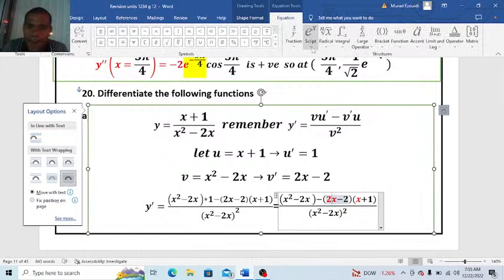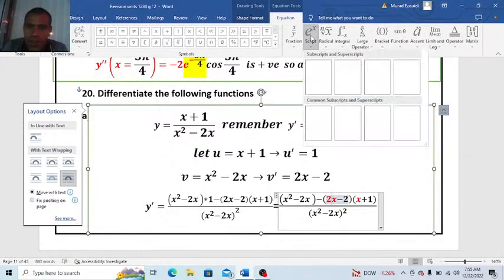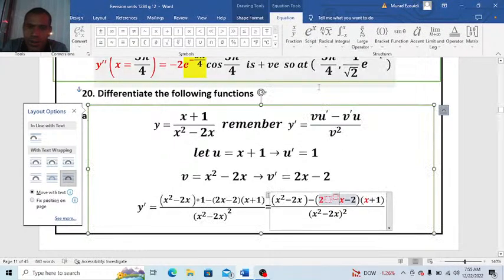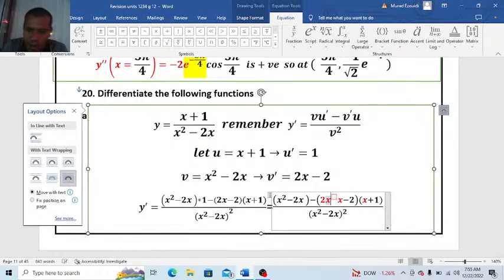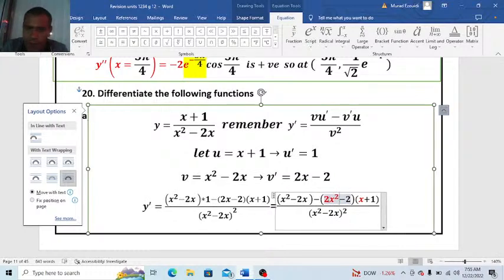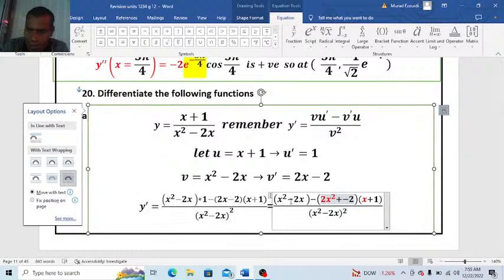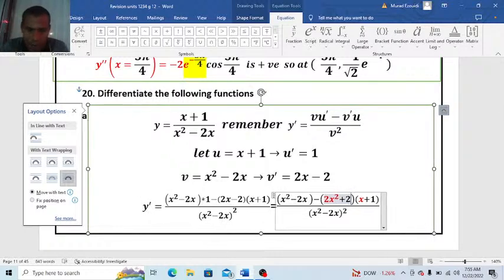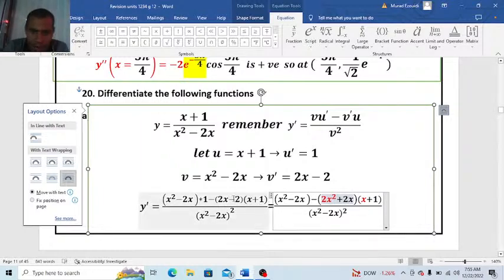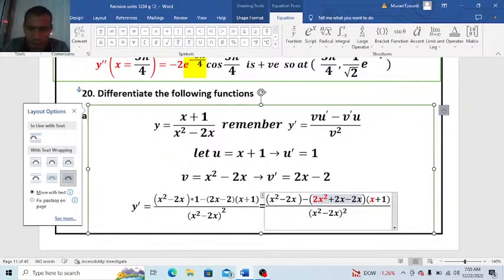Then, 2x multiplied by x is 2x squared. 2x multiplied by 1 is plus 2x. Then minus 2 multiplied by x is minus 2x.